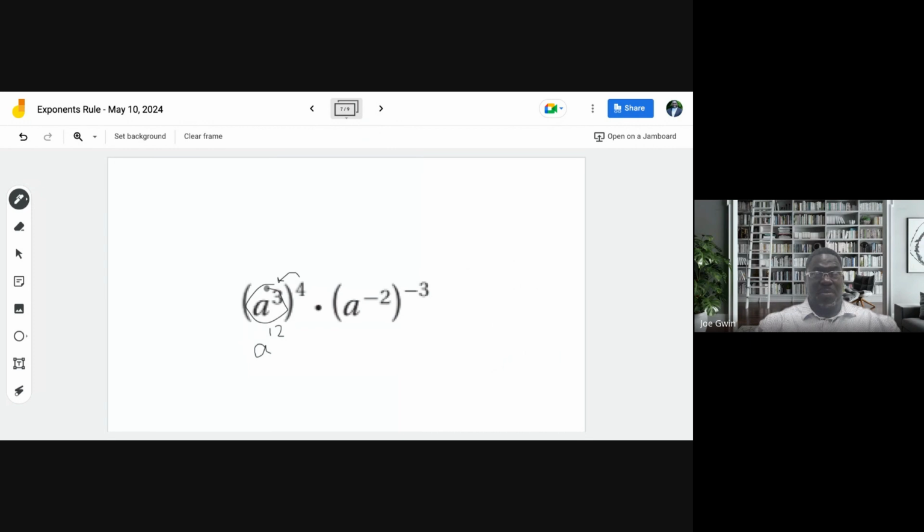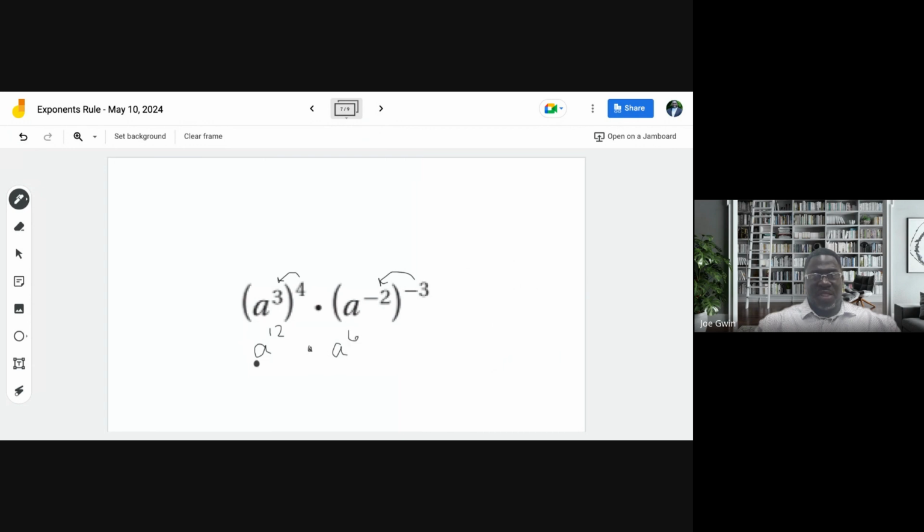This would be considered the base because it's in parentheses here, so you do that to the fourth power. Then we multiply this times this, and -3 times -2 is +6. So we have a to the 6th power here.